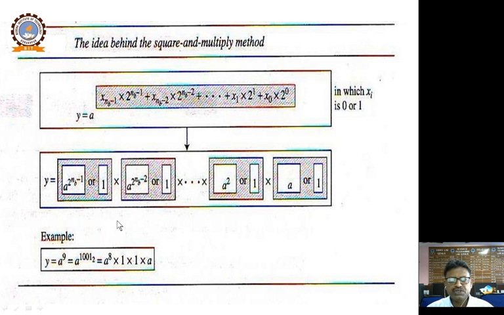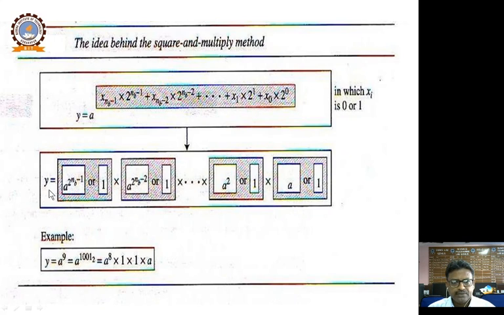Now fast exponentiation says that y is equal to a to the power of a value which is a polynomial: x subscript nb minus 1 into 2 to the power nb minus 1 plus x subscript nb minus 2 into 2 to the power nb minus 2, and so on.